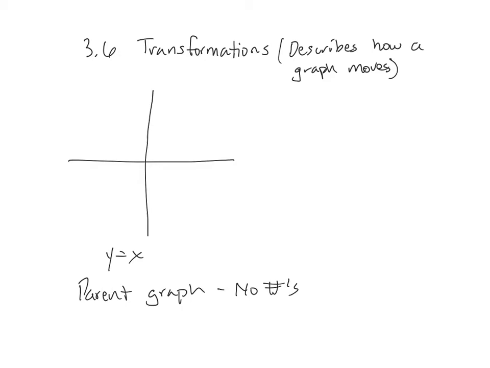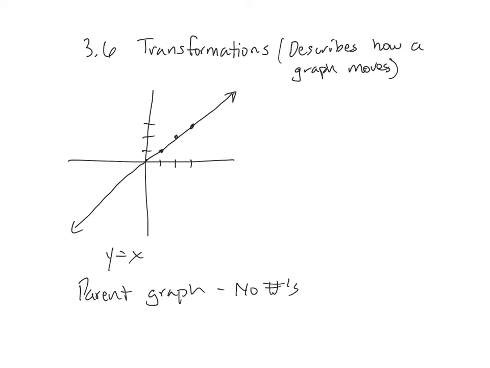There's no plus 2 at the end or a 5 in front of the x or anything like that. The parent graph for y equals x goes through 1, 1, 2, 2, 3, 3, because y equals x. They have to be the same. Okay, and so it'll look like that. A little bit crooked, but you get the idea.